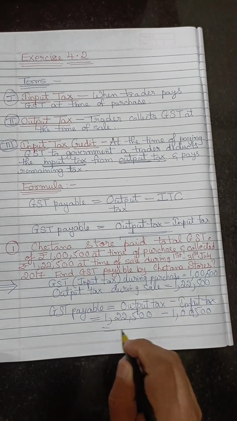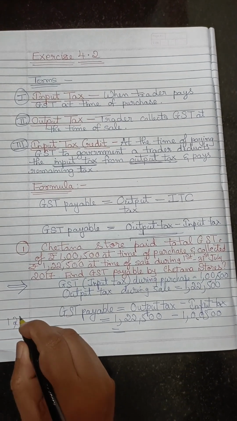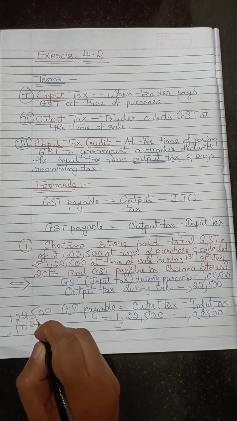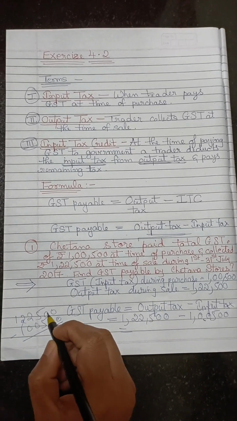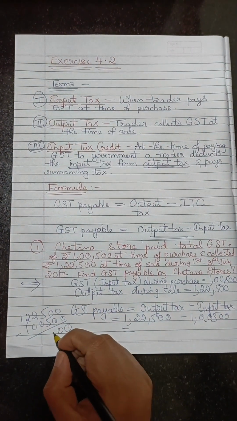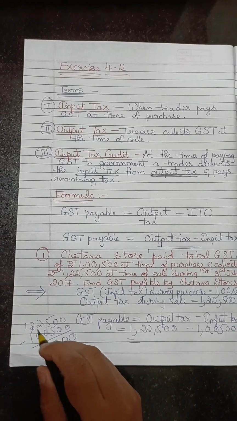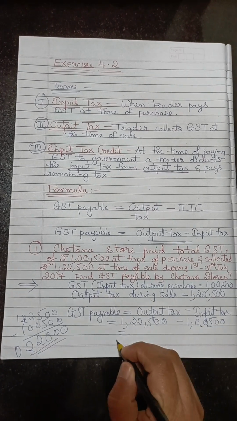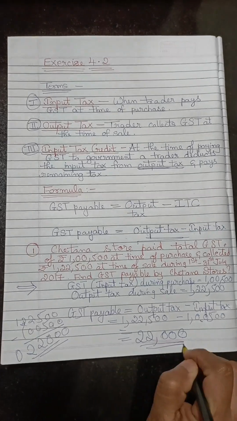Okay, I'll show you the calculation. 1,22,500 minus 1,005,000. 0 minus 0 is 0. 0 minus 0 is again 0. 5 minus 5 is 0. 2 minus 0 is 2. 2 minus 2 is again 0. So you are left with 22,000 and that is your answer.